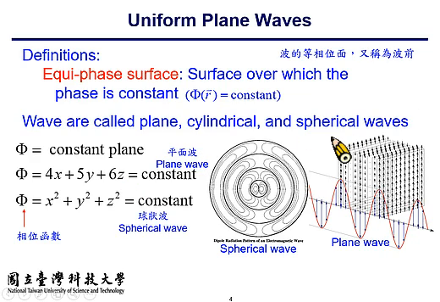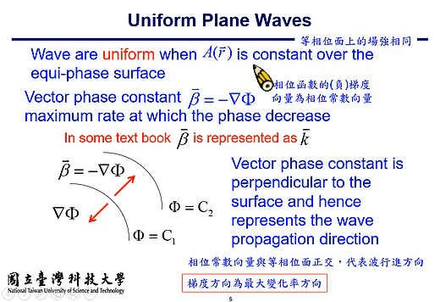All right. So waves are uniform when the amplitude function... Okay. Again, the field distribution comprises the amplitude function and the phase function. And all right, so if phi r is a constant, you have equal phase surface.